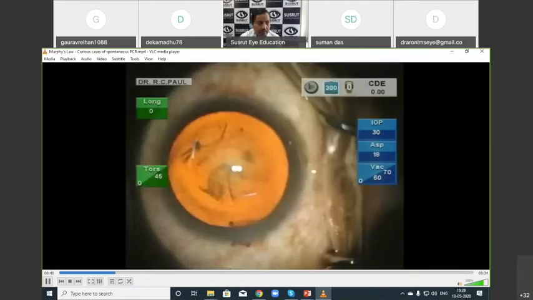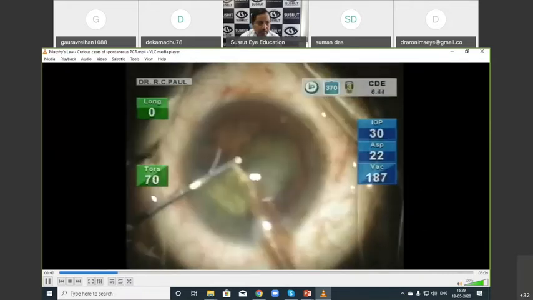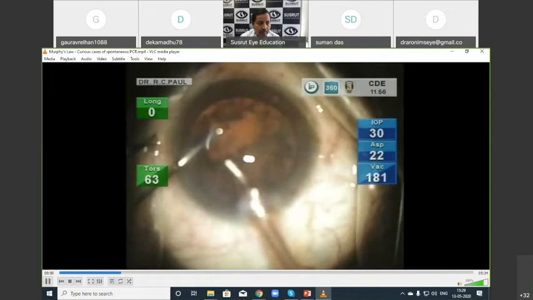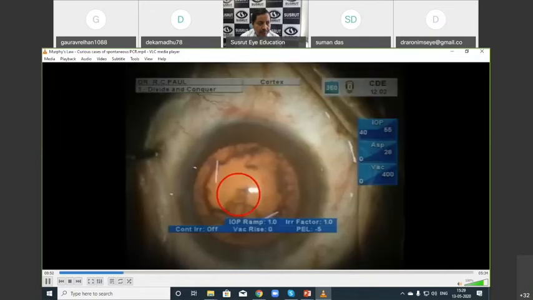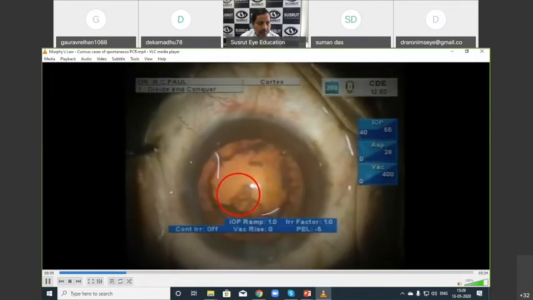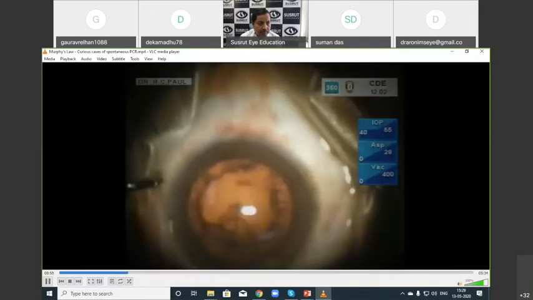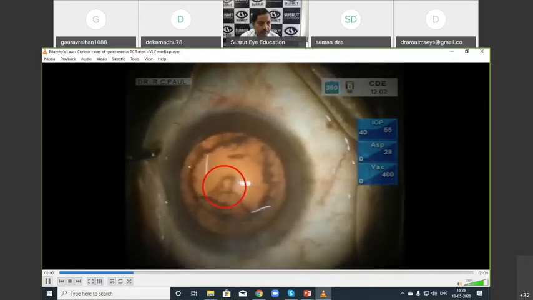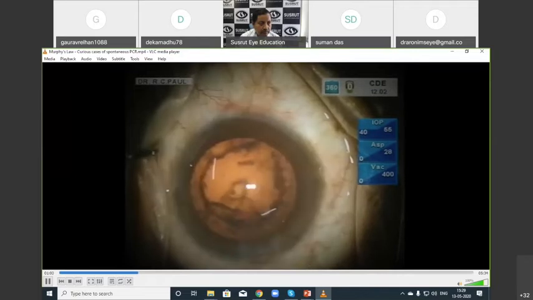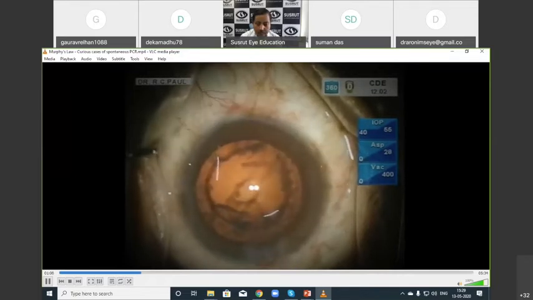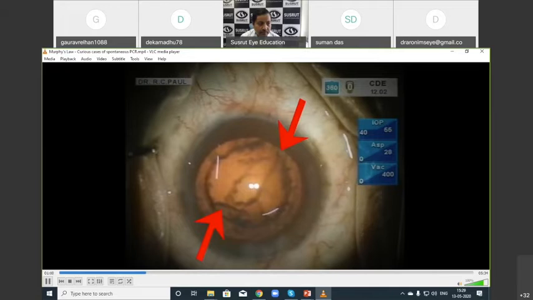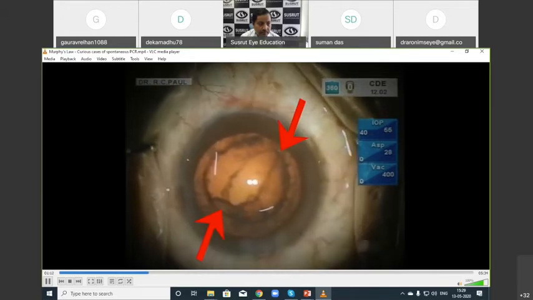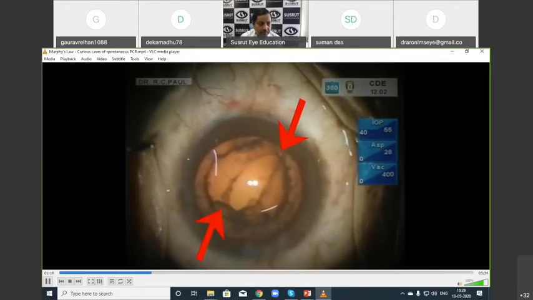In the first case, we see a routine cataract surgery being performed. After nucleus emulsification is complete, the surgeon notices a spontaneously occurring PCR, which within the blink of an eye extends to the periphery. There is momentary shock.